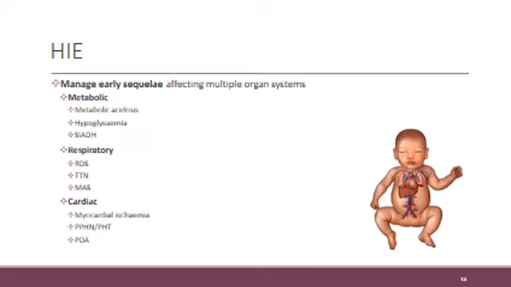When managing a patient with acidosis, it is important to treat the cause of the acidosis and not just to give bicarb. Bicarb is not a good idea, and therefore one should focus on stabilizing the patient's respiratory and cardiovascular systems by respiratory support, ensuring adequate oxygenation, as well as considering a fluid bolus or inotropes to stabilize the baby's blood pressure and encourage perfusion of the organs.